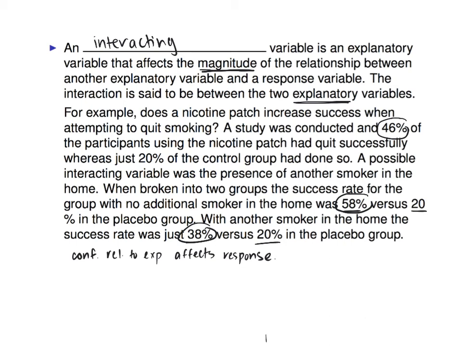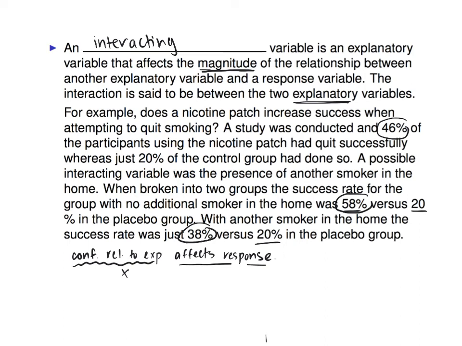Okay, so is the presence of a smoker in the home related to the explanatory variable, which is the application of a nicotine patch? And so that is no. So this part of that is not related. That just affects the response. So it doesn't meet both criteria.